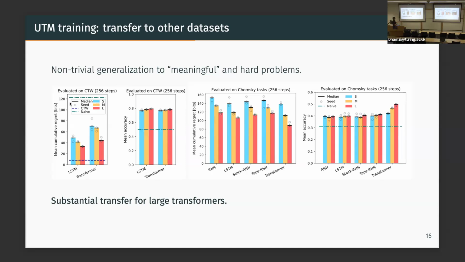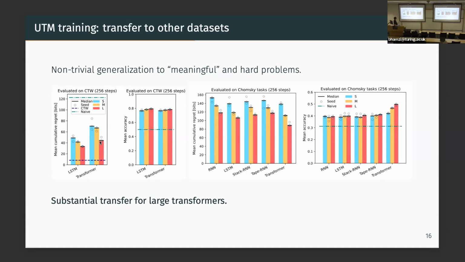So we can evaluate the trained model on CTW, or on some tasks that are called Chomsky tasks, which are like reversing strings or closing brackets for different levels of parentheses. On the left, on CTW, the best possible predictor is here, and the models trained on the universal Turing machine data are much worse.